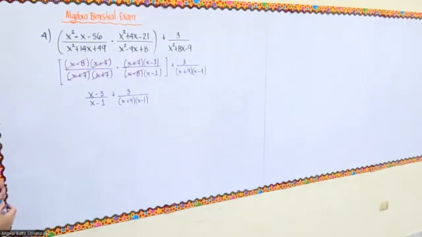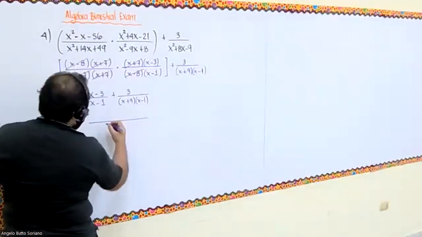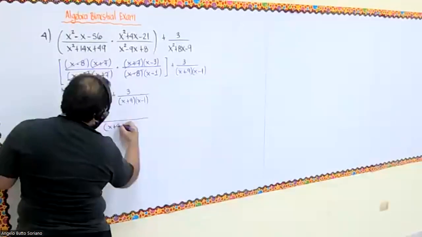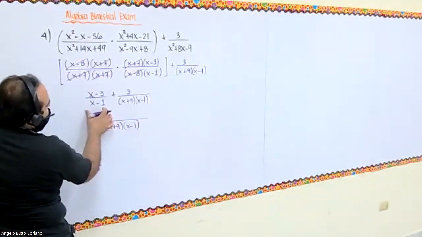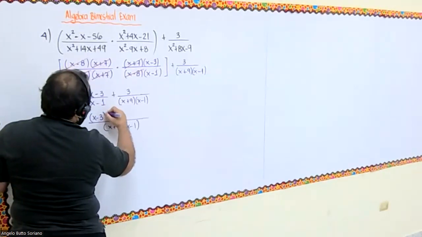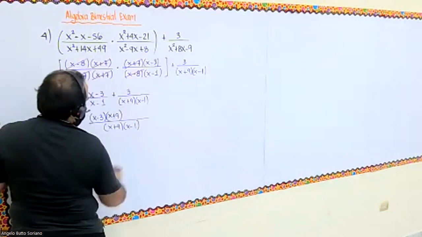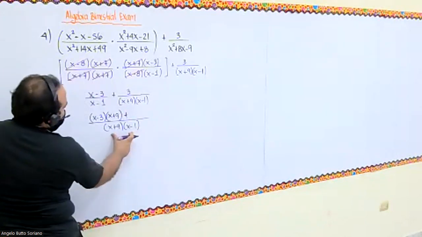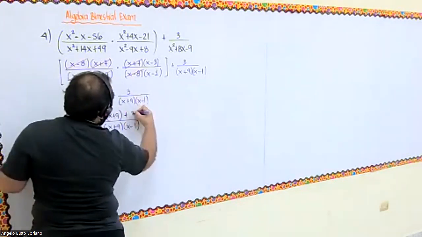Okay? And if you really want to simplify these expressions, we can take the least common denominator between them. We have x plus 9, x minus 1. These two terms divided by this one, cancel the first one, and we get the product between x minus 3, x plus 9, plus these two terms divided by these two, that will be 1 times 3, which is 3.